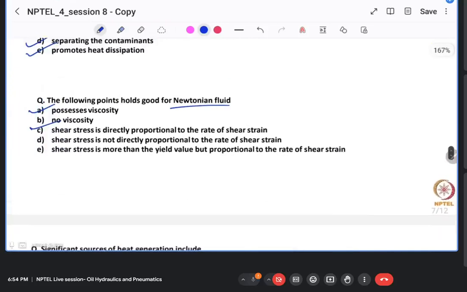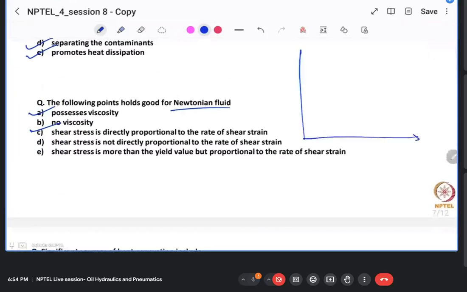Just for some supplementary information, suppose you try to plot the graph between the shear stress and the velocity gradient that comes upon application of the shear stress. For an ideal fluid, which means it can flow without the effect of any friction between the layers of fluid, there is no viscosity.